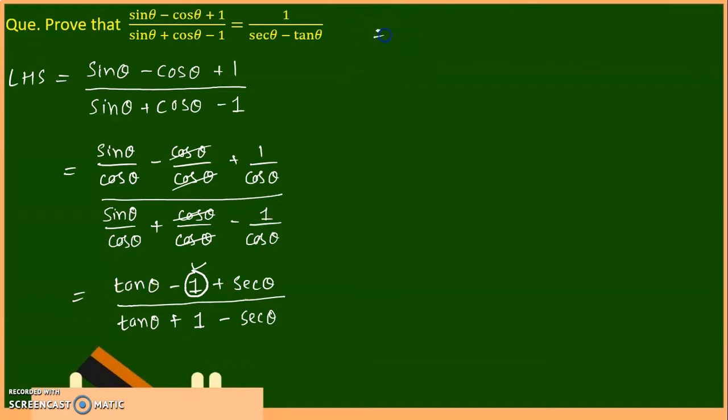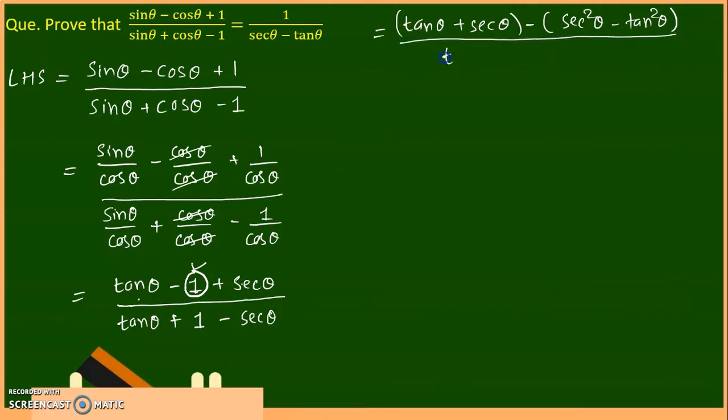So in the numerator this is tan theta plus sec theta as it is, minus, in place of 1, sec square theta minus tan square theta. The denominator we keep as it is, tan theta plus 1 minus sec theta.